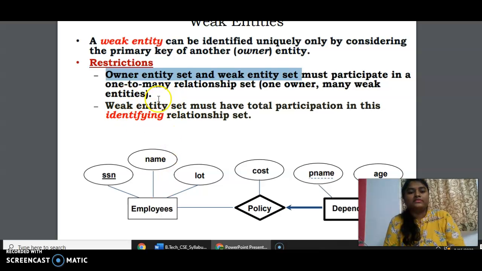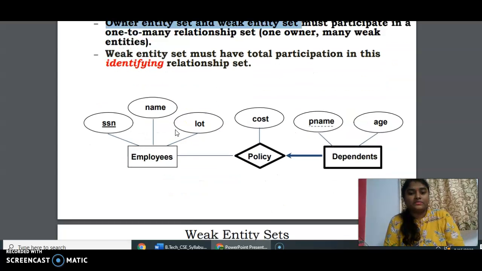So there should compulsorily be a one to many relationship set. The next point is that the weak entity set must have total participation. As I said, there should be total participation. What is total participation? Compulsorily they should depend upon an owner, so all the dependents should have at least one employee, that is, total participation in their identifying relationship set.